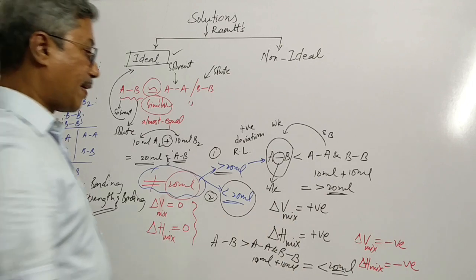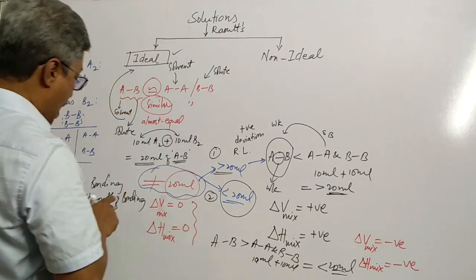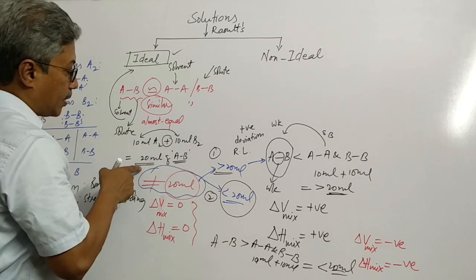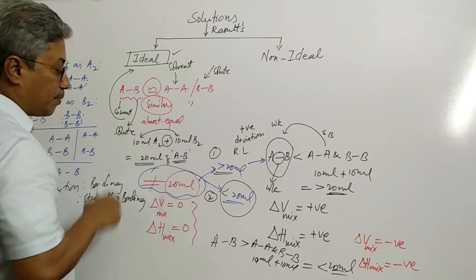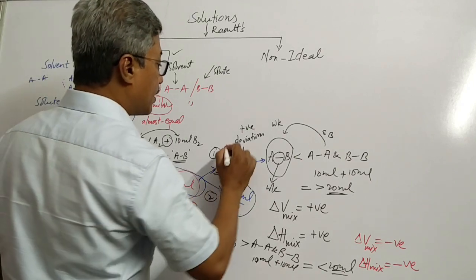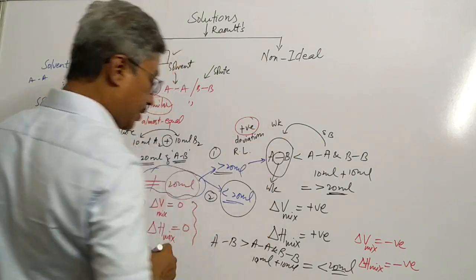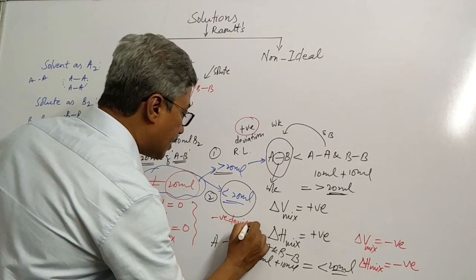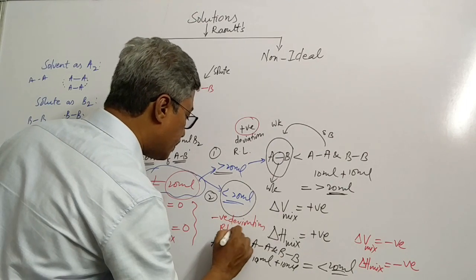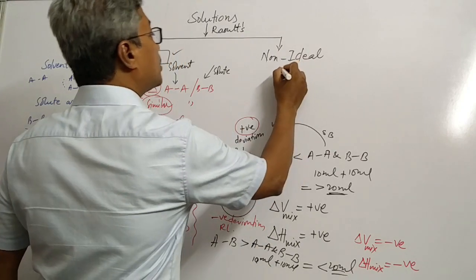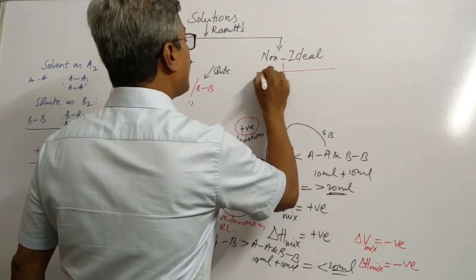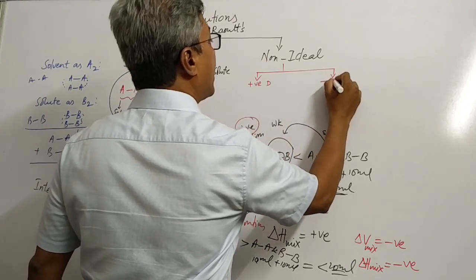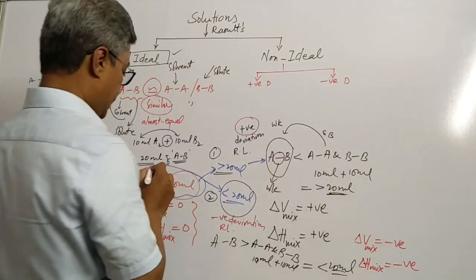Clear, students? Okay. Upon mixing two equal volumes, if the total volume is not equal to the sum of the two volumes, it means that the solution will show either positive deviation or negative deviation from Raoult's law. Therefore, in non-ideal solutions, there are two types. One shows positive deviation and another shows negative deviation.